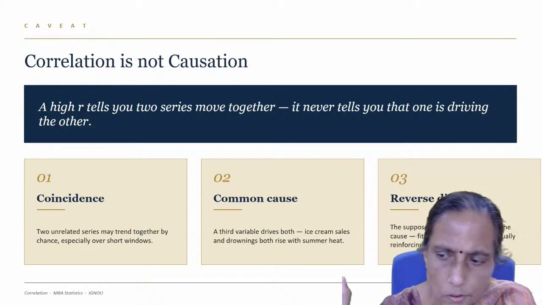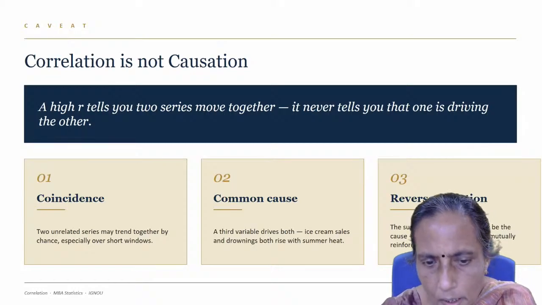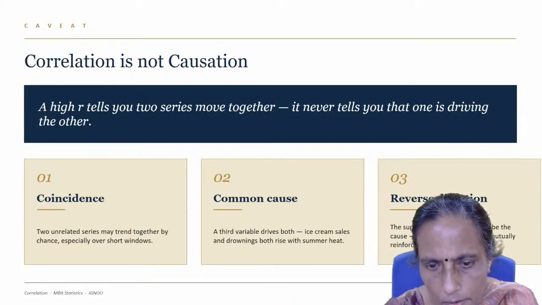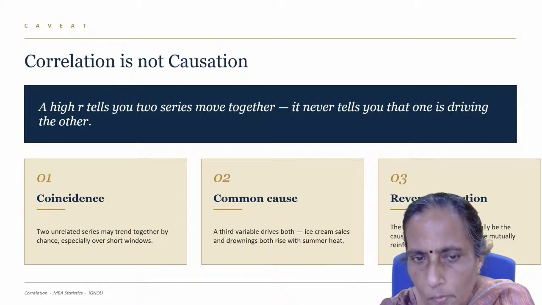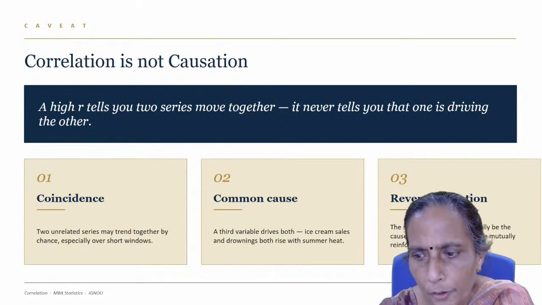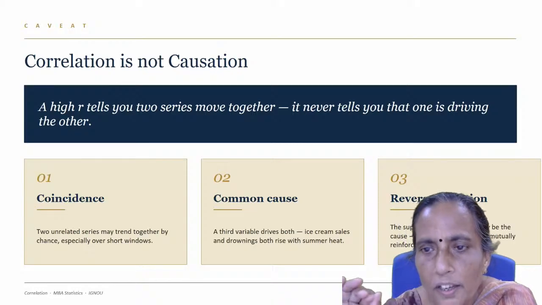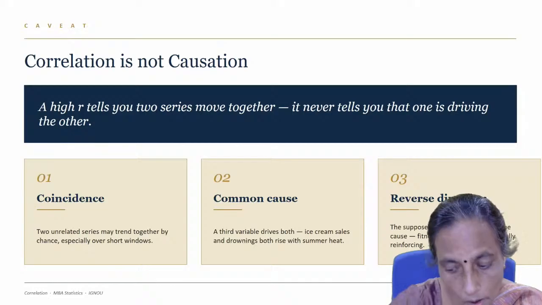With a common cause, a third variable drives both, like ice cream sales and drowning: both rise with summer heat. With reverse direction, the supposed effect may actually be the cause. Fitness and exercise are mutually reinforcing, but one is not simply causing the other.